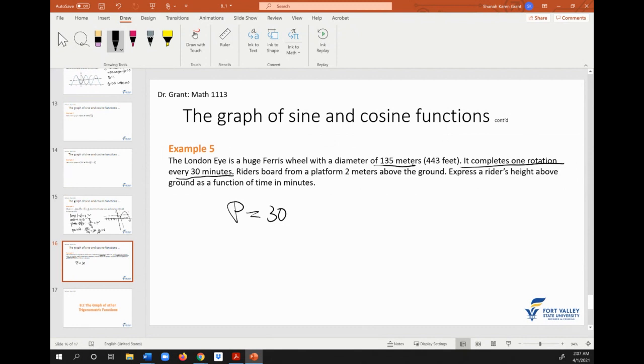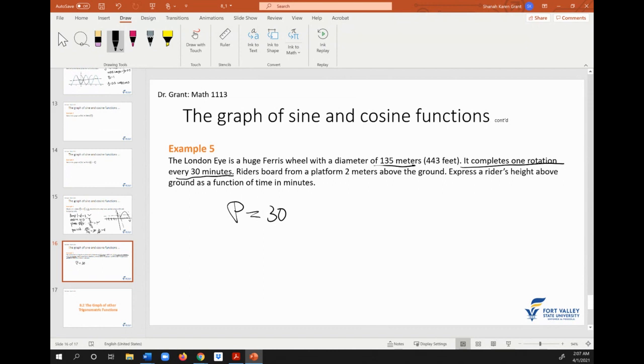My midline, let's see, do we have that? Well, let's see, the riders board the platform 2 meters above ground.